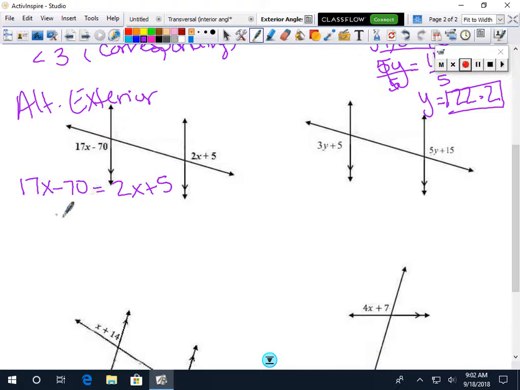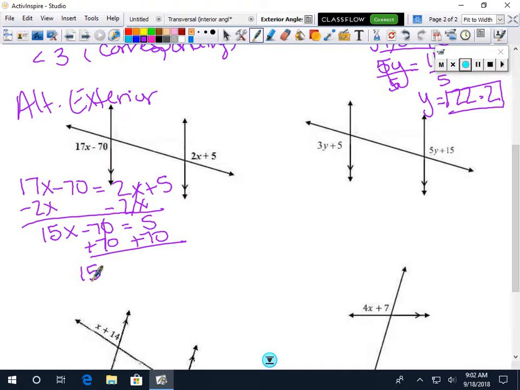I want to get all of my x's on the same side, so I'm going to subtract 2x to the other side. 17x minus 2x is 15x, minus 70 is equal to 5. Add 70. 15x is equal to 75. Divide both sides by 15, and we get x is equal to 5.